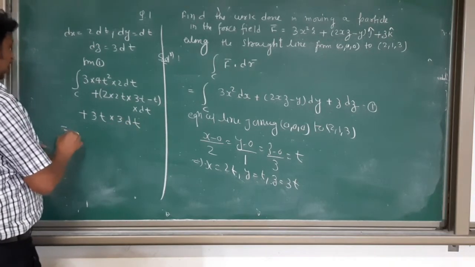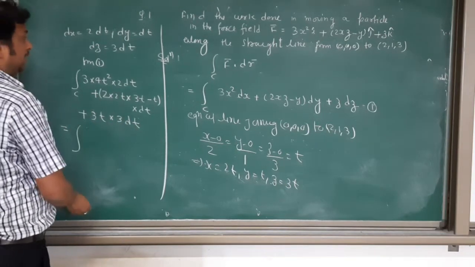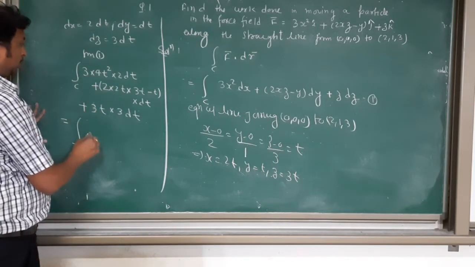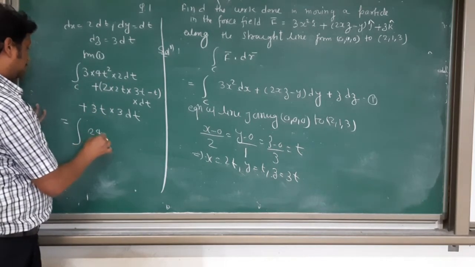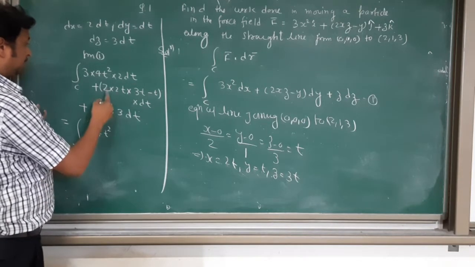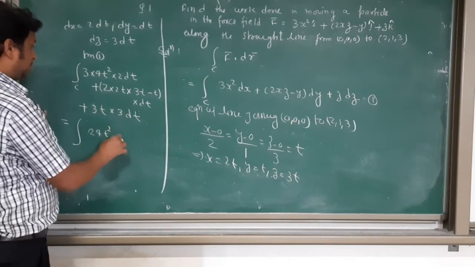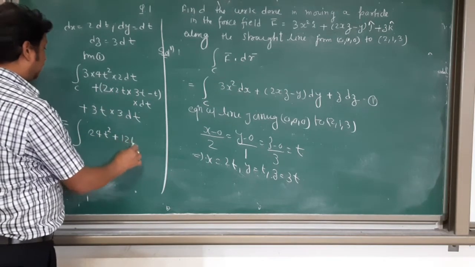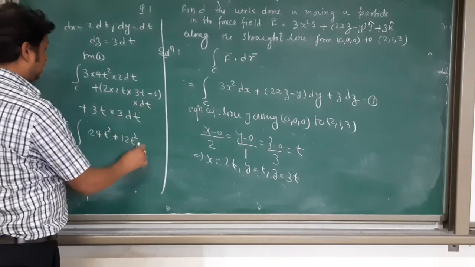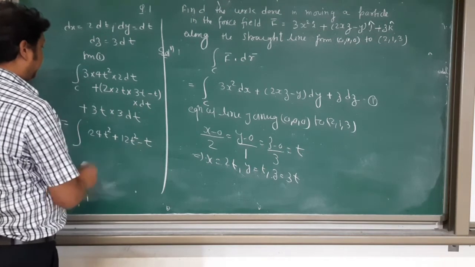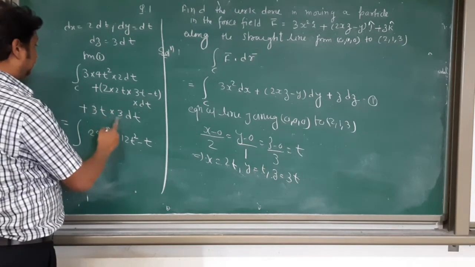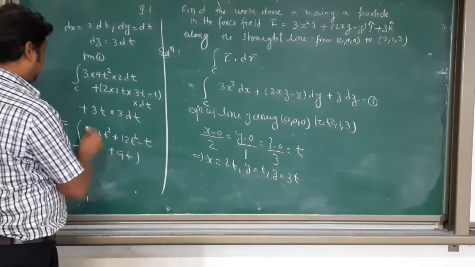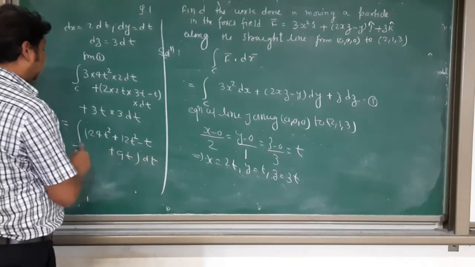So now everything is converted in terms of t. What is the value? 24t square plus 12t square minus t plus 9t, all inside the integral, dt, with t limits.